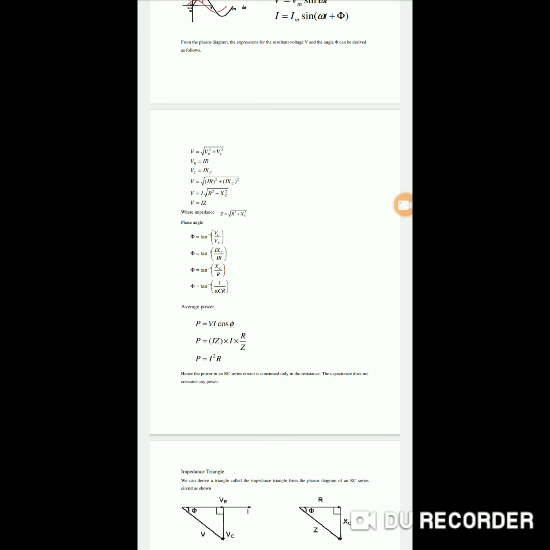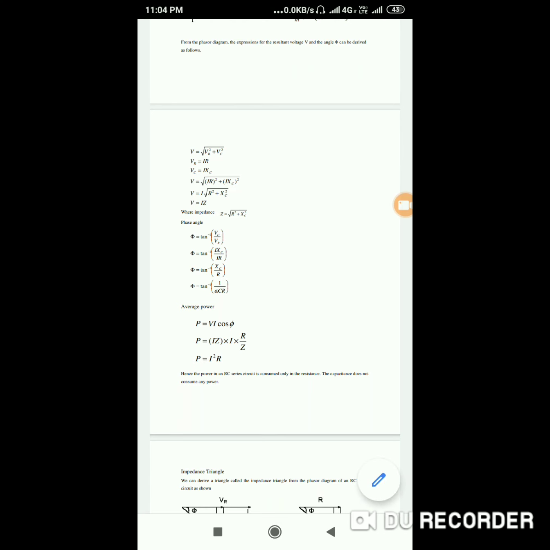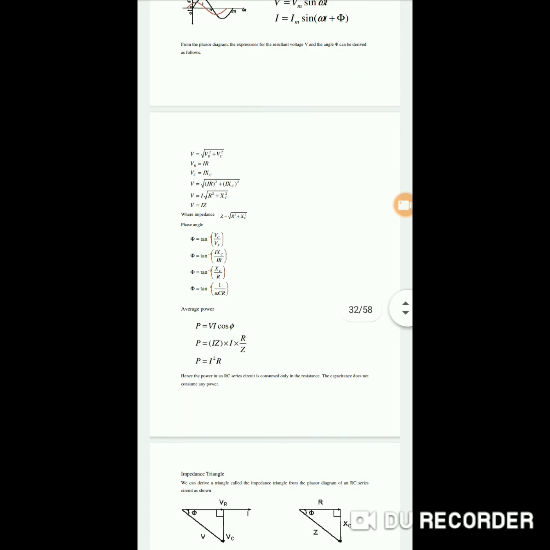The similar phasor diagram applies for the impedance triangle. XC is going to lag behind by 90 degrees, and the resistance R remains constant, in phase.